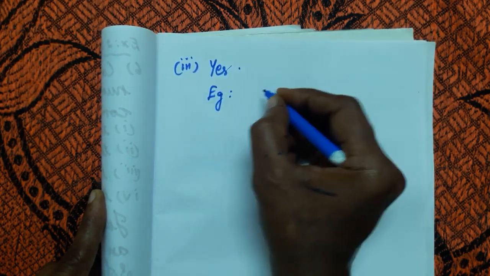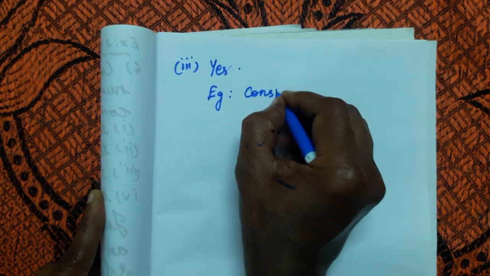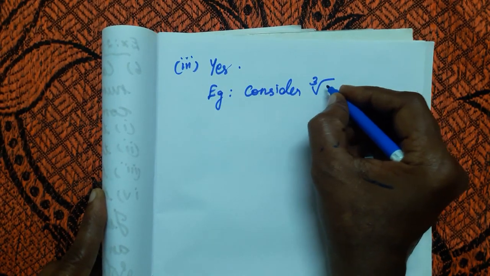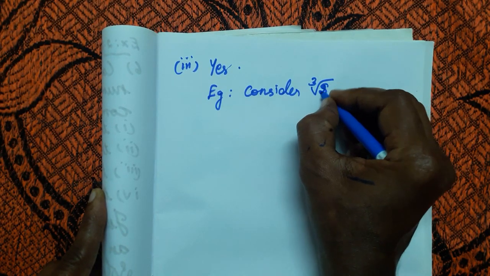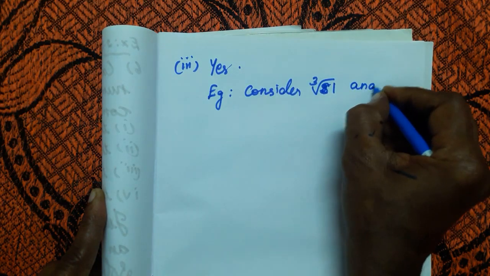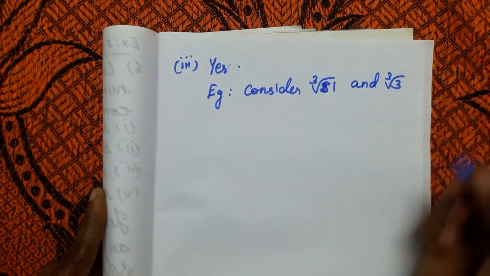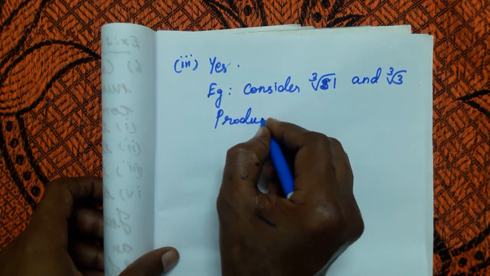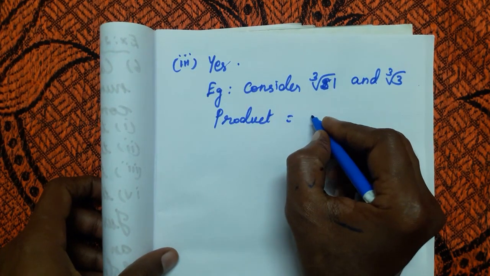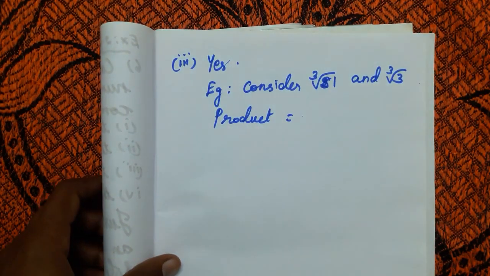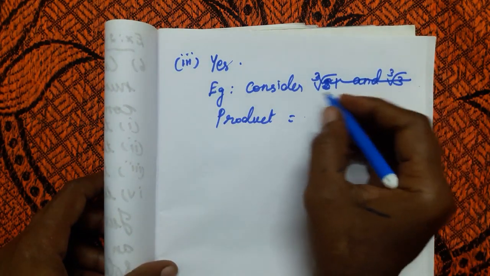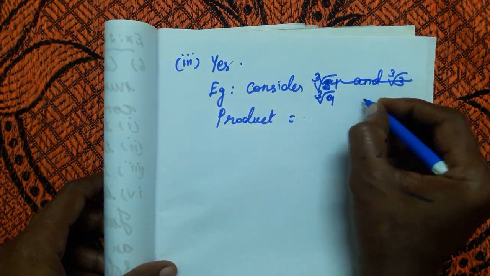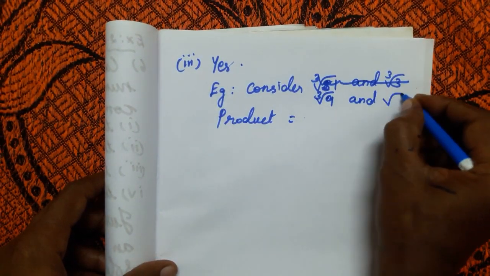Example, I am giving one example. Consider cube root of 9 and cube root of 3.